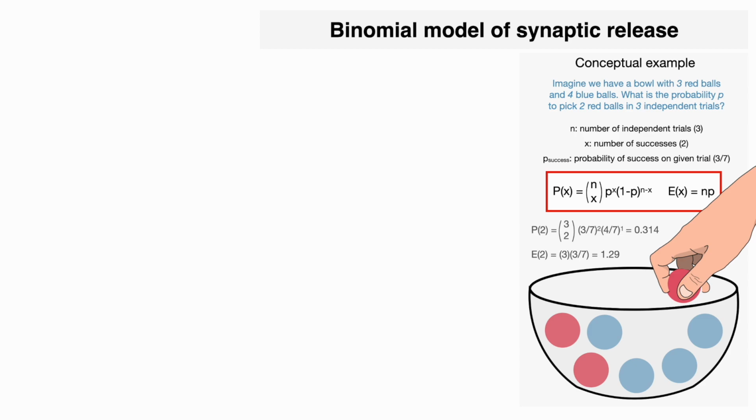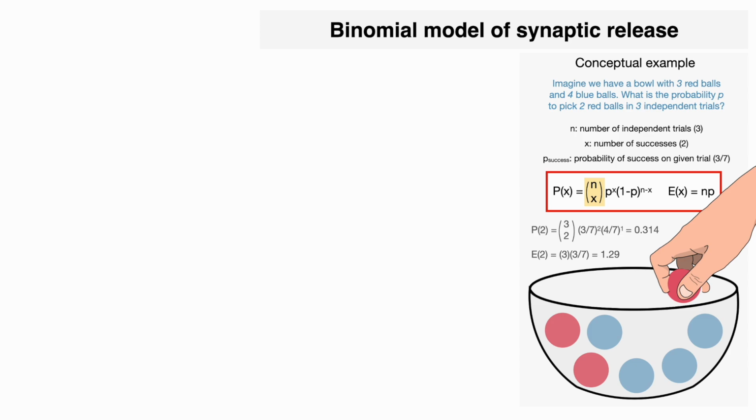The expected value in our case means that we should expect to pick 1.29 red balls in 3 trials. Now, it doesn't really make too much sense here as decimal balls don't exist, but it will be important shortly. Finally, I want to touch quickly on this term here, which reads as N choose X.